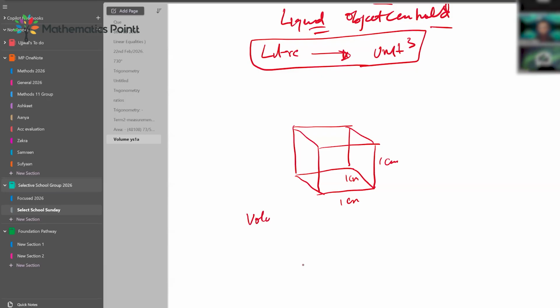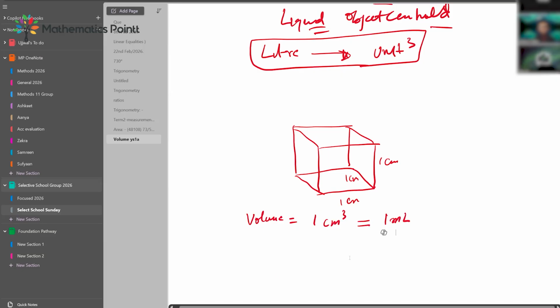The volume is 1 centimeter cube. And the conversion into liters and milliliters tells us that 1 centimeter cube is 1 mil, 1 milliliter.